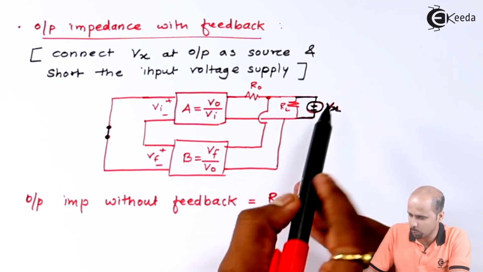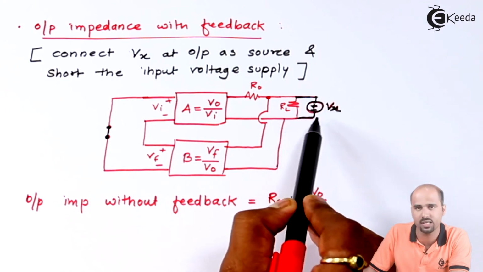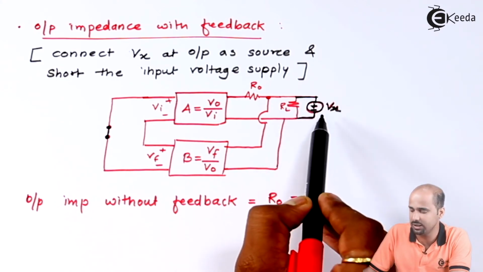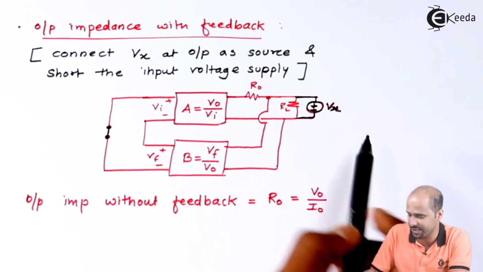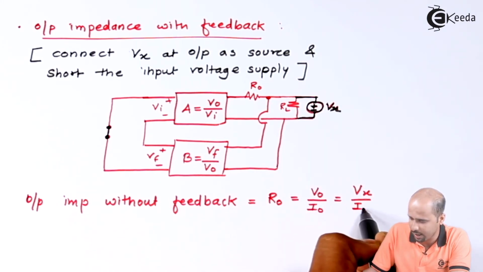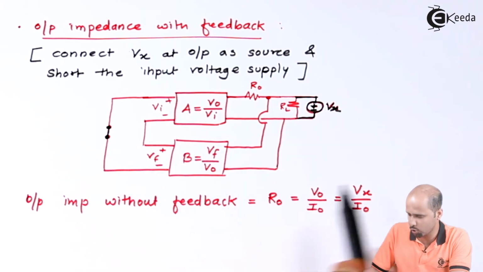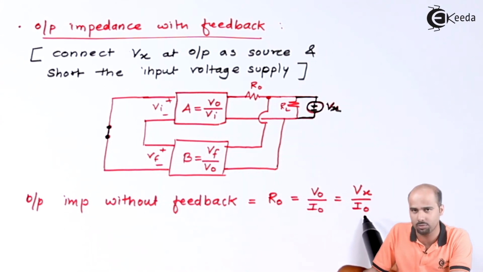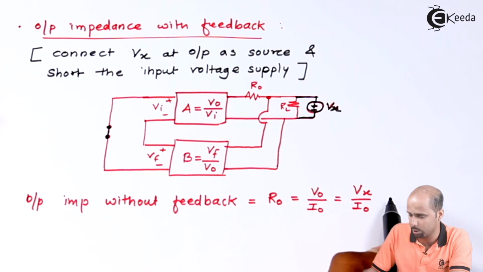But I know what is the value of VO? Instead of VO, I will connect the external power supply, that is Vx. So I can say that it's nothing but Vx divided by IO. So we have to reach this particular value to find out the value of ROF.